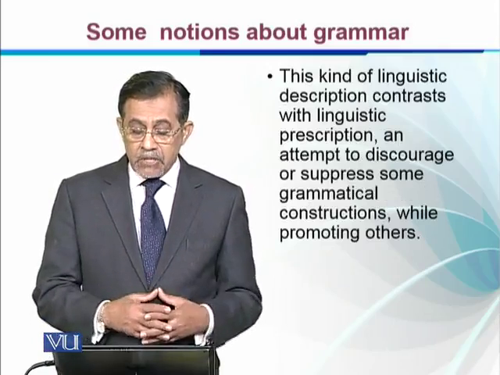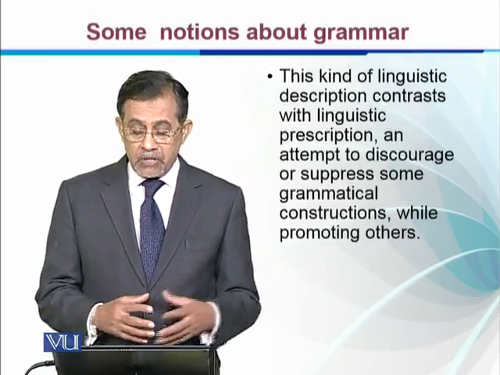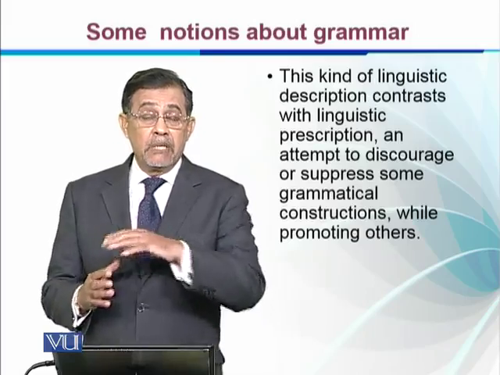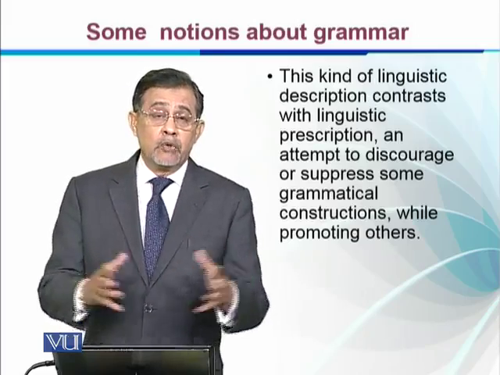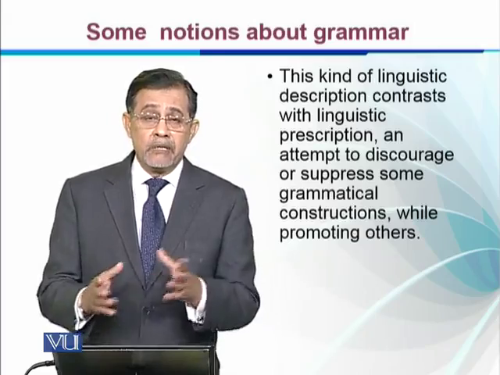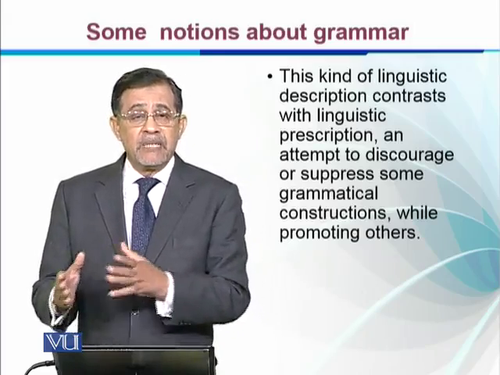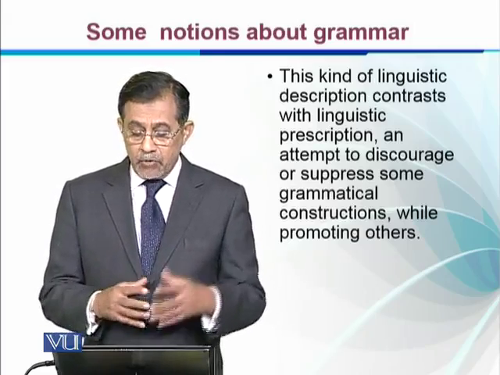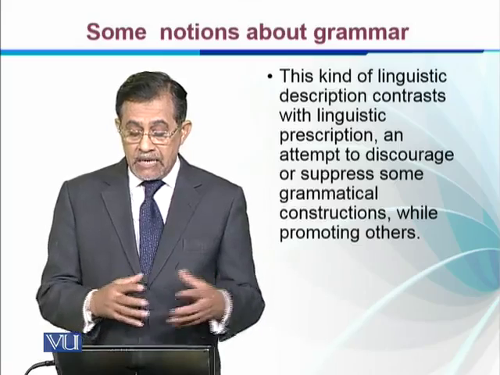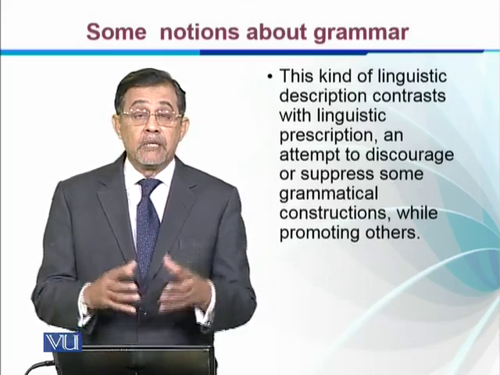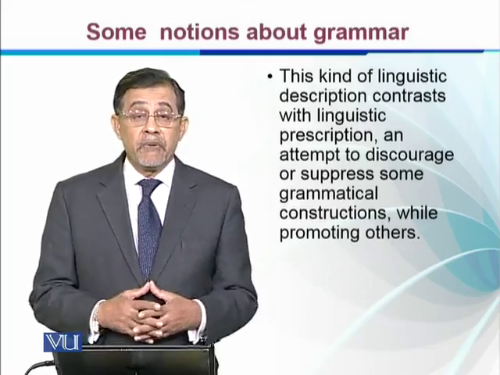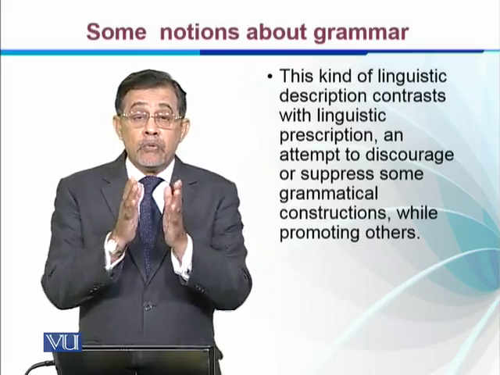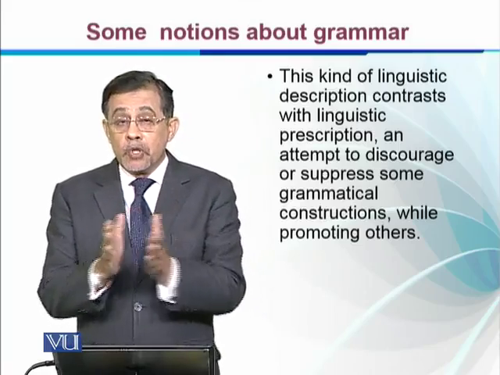This kind of linguistic description contrasts with linguistic prescription. Prescription means how language should be used. We'll study some more things on descriptive grammar and prescriptive grammar, an attempt to discourage or suppress some grammatical constructions while promoting others. So according to prescriptive grammar, you should use this and you should not use that.